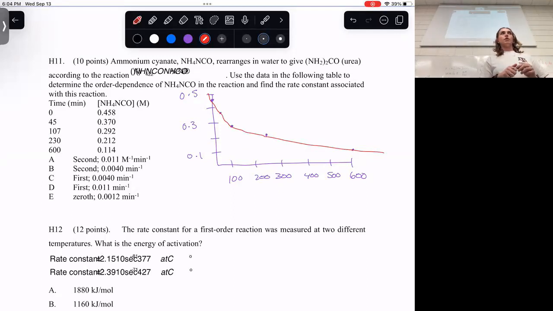Okay, questions on how we graphed it? So I graphed it here. Does anyone know what this kind of looks like? Yeah, it kind of looks like a natural log graph.